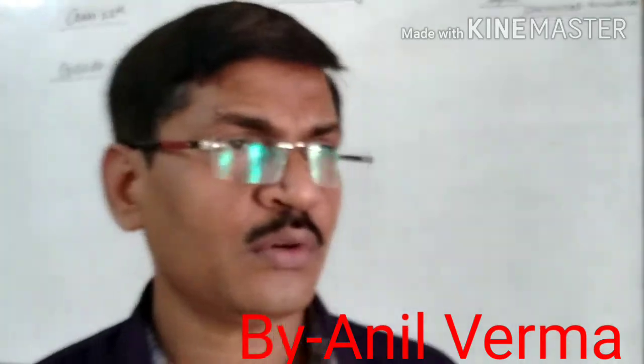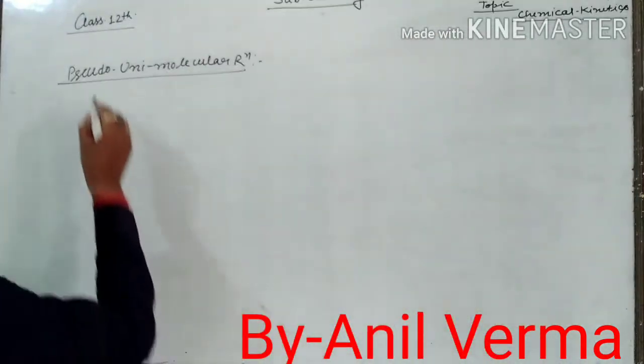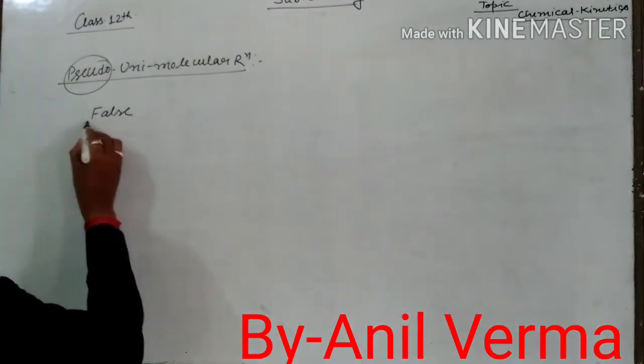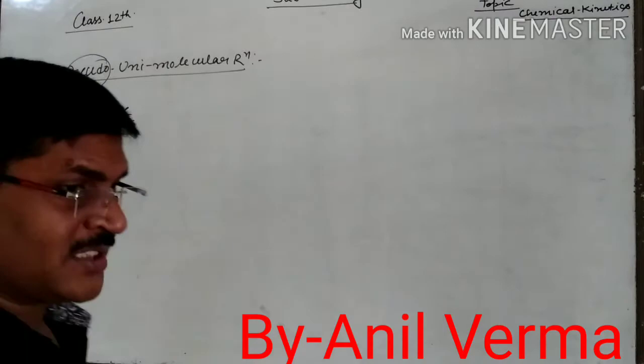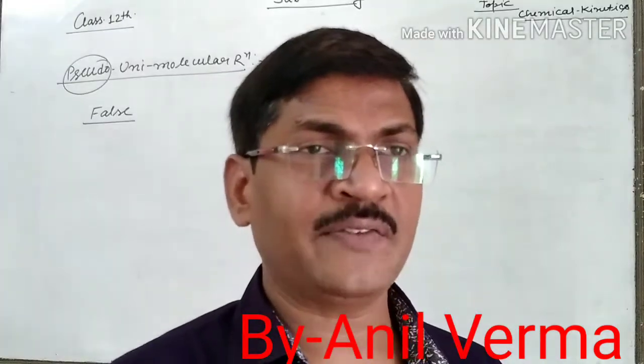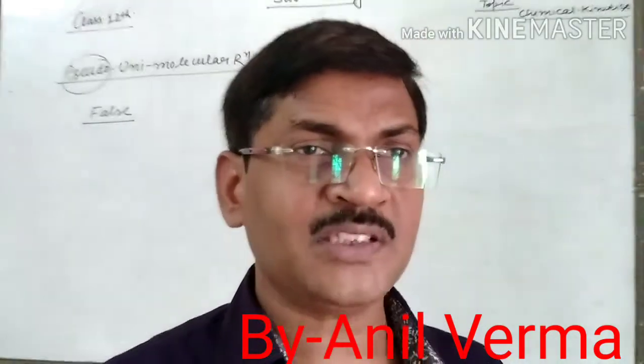As all of you know, the term pseudo means false. What does it mean? False. It creates an idea in your mind that if a reaction is given, then something is false there. So what is the definition of this?